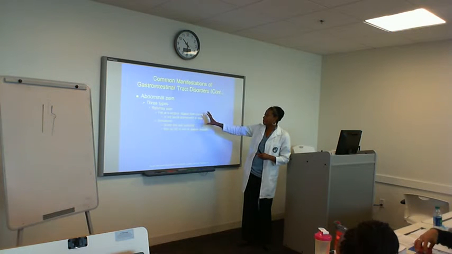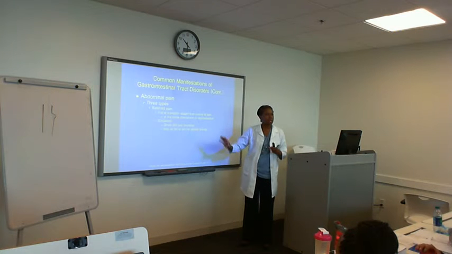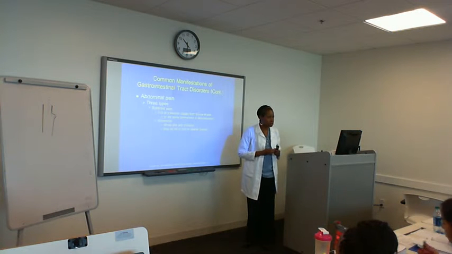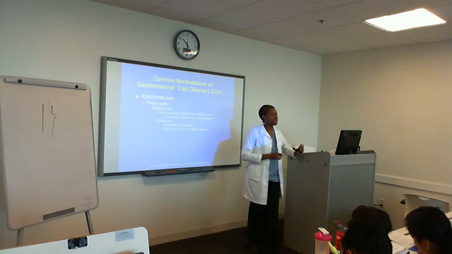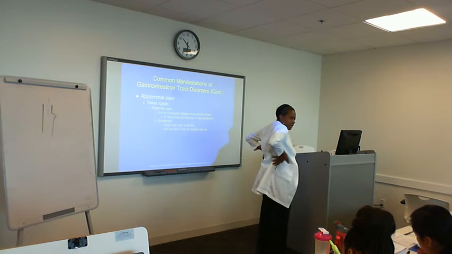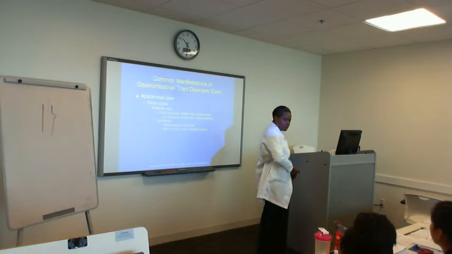Now, with referred pain, a very good example is a person that has kidney stones. We all know the kidneys are retroperitoneal, they're back here, but we know that the ureters wrap around to the front, okay?